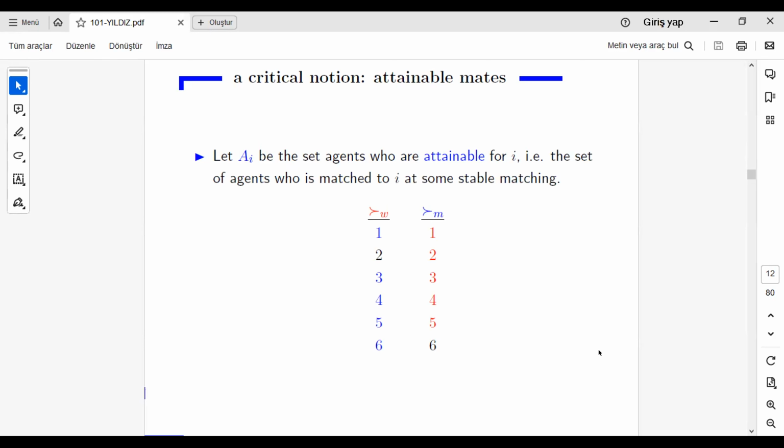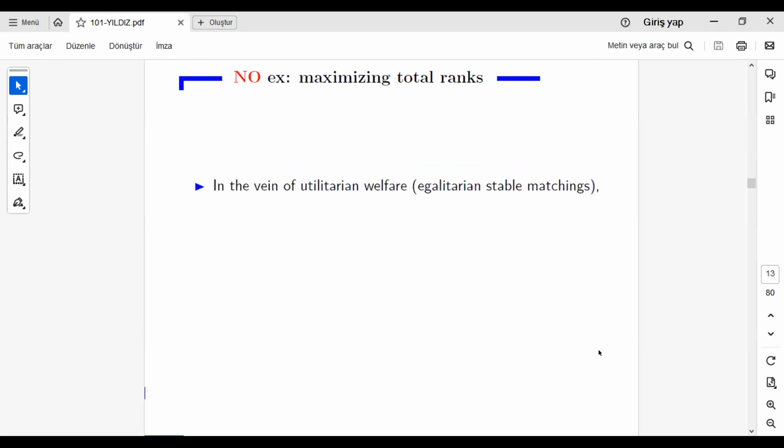For each woman, her second best candidate is unattainable, it turns out. And for each man, his sixth, bottom candidate is unattainable. So in that particular example, each agent has 5 attainable mates. I will refer to it later on.